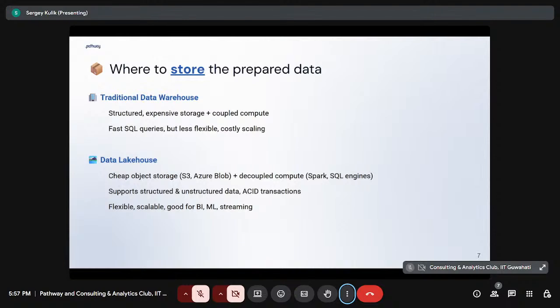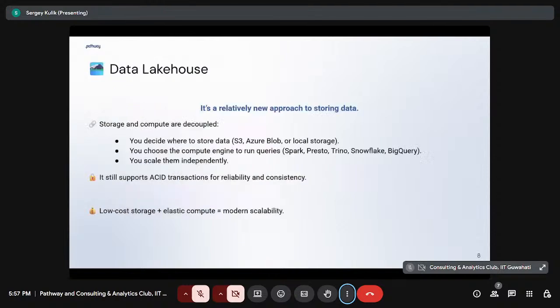So there is a transaction log, and there are transactions in this kind of engine. So you still have the guarantees on data integrity. And as we have discussed before, it's flexible and scalable. And if you want to use Spark, it works with it.